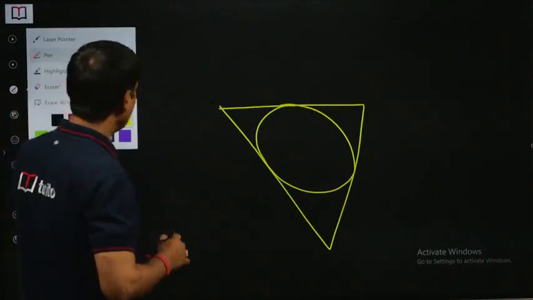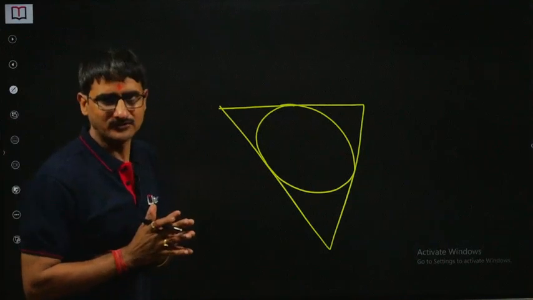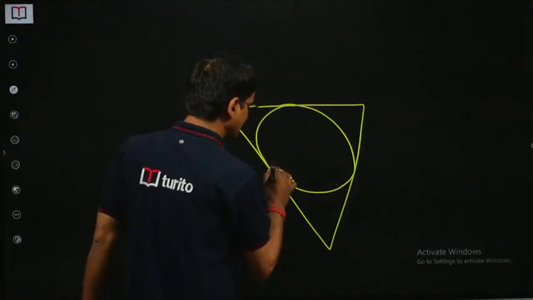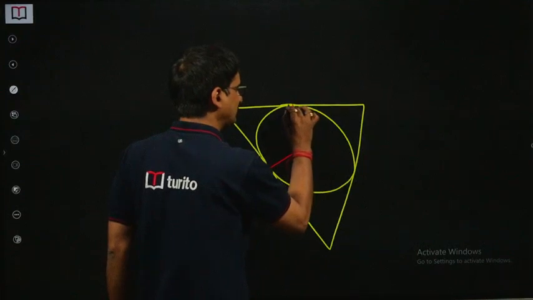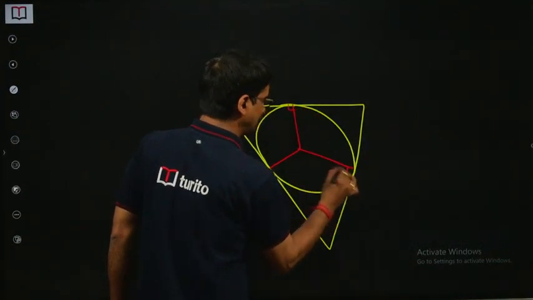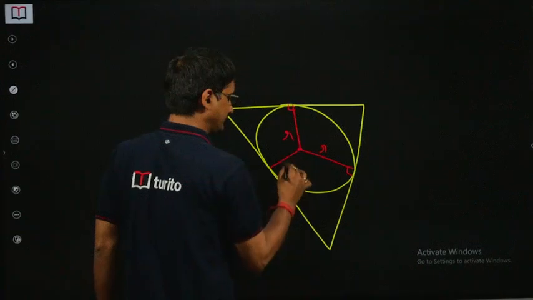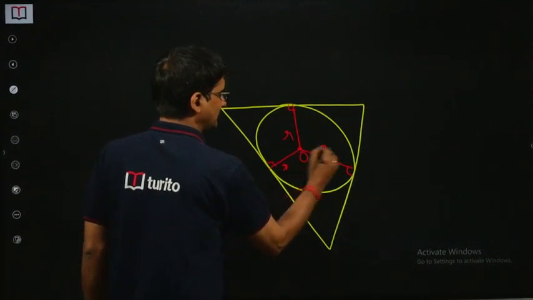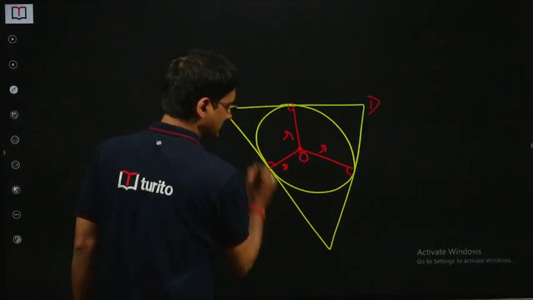Okay. Then see, you must be knowing the formula for inradius. I am just trying to tell you because I had to derive it while solving this question. So the derivation itself is very simple. Okay, let's say this is O, this is D, this is E, this is F.